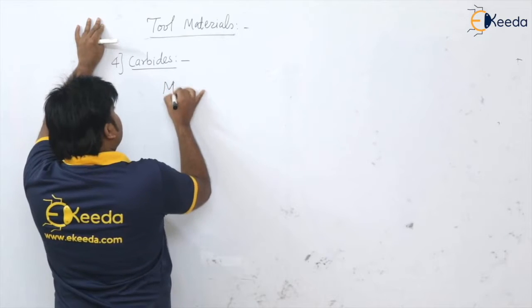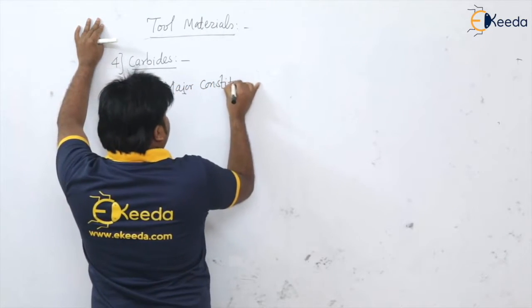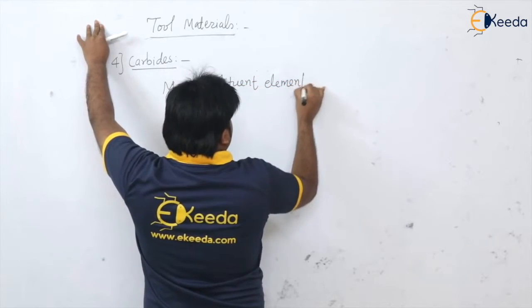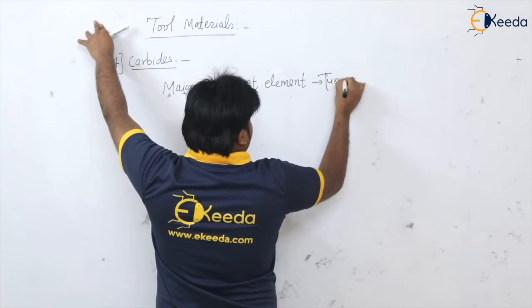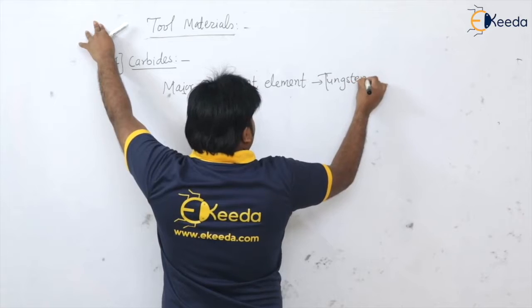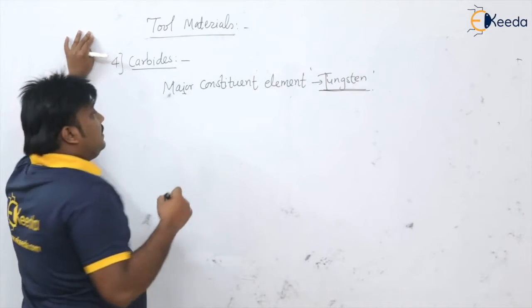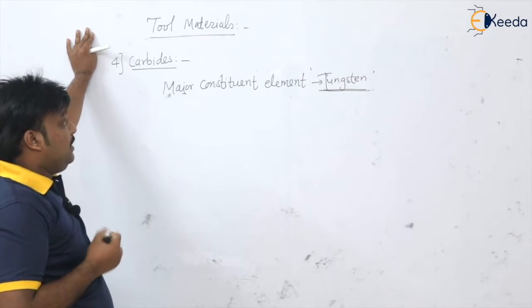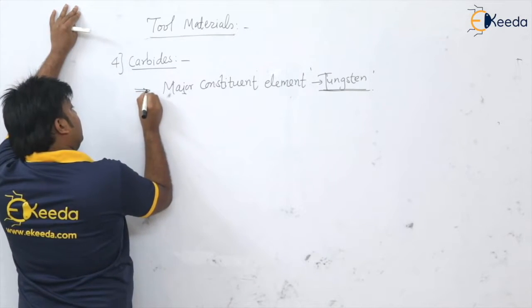The major constituent element is the tungsten. That is the reason why this is also known as the tungsten carbide. Or simply you can say the carbides or tungsten carbides.